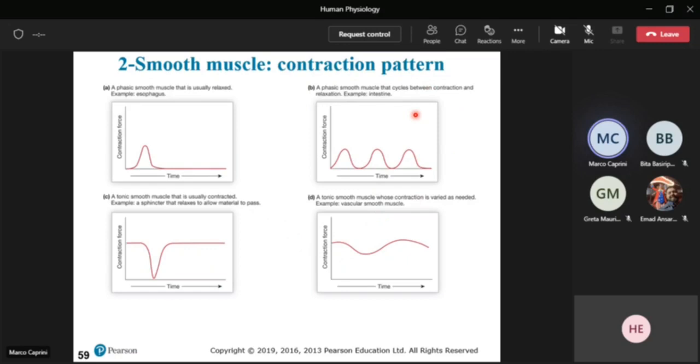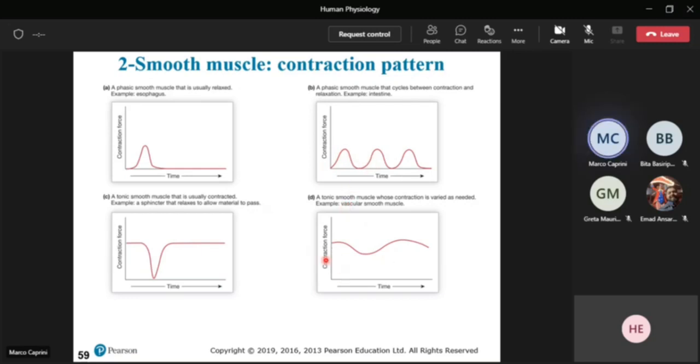In panel B, for example, we have the muscle that is present in the intestine, which is characterized by a relaxed state at the beginning, and this muscle can undergo periodic contraction and relaxation states, typical for the intestine or esophagus or stomach. Okay, this is a phasic smooth muscle.